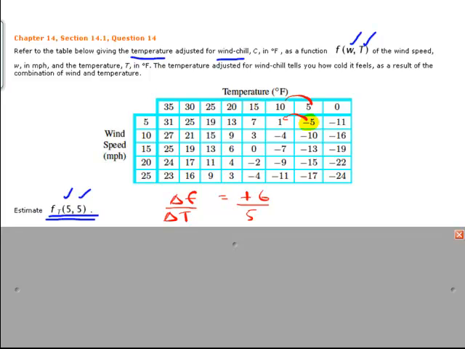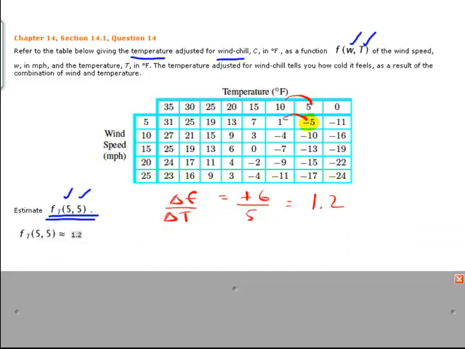So the partial derivative at that point equals 1.2. And the way to interpret that 1.2 is that when I'm at a temperature of 5 with a wind speed of 5, if the actual temperature were to go up by 1, we would feel like it goes up by 1.2.